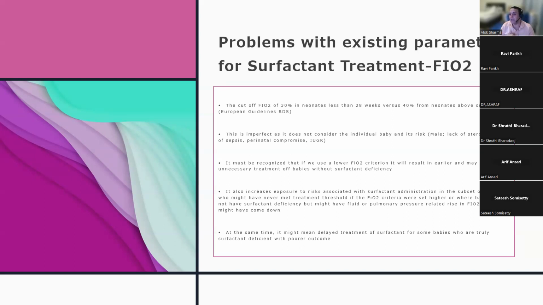Not unexpectedly, we had a very high CPAP failure rate where, I'd say under 28 weeks, a lot of babies were getting intubated and receiving surfactant. But actually, there are units who still continue prophylactic intubation because of the distance between the birth of the baby and the neonatal unit. The ability to provide effective CPAP is not as good in the delivery suite because of these interface changes, but more importantly, because of the distance for which we have to move these babies.